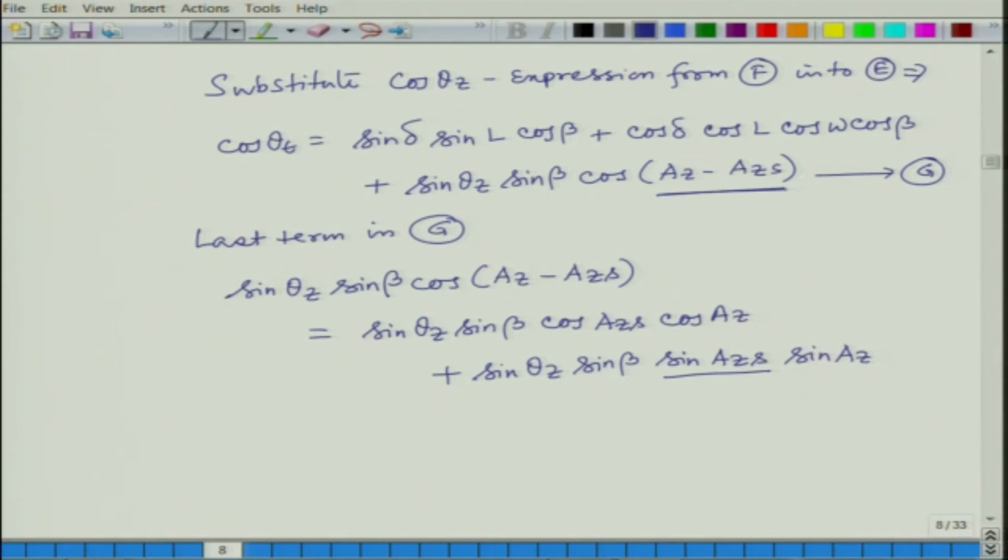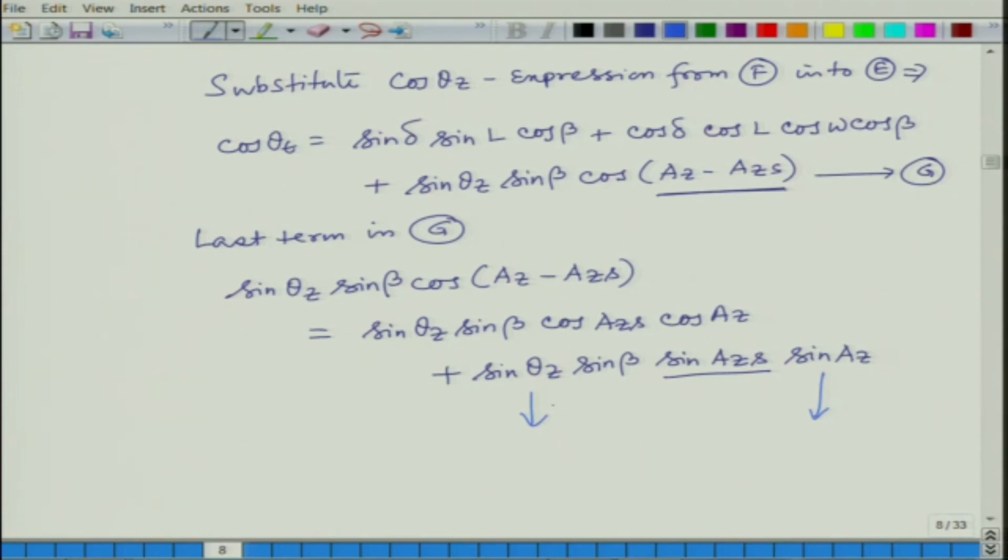Now, you can see that this term and this term are actually connected to each other through the sine rule.